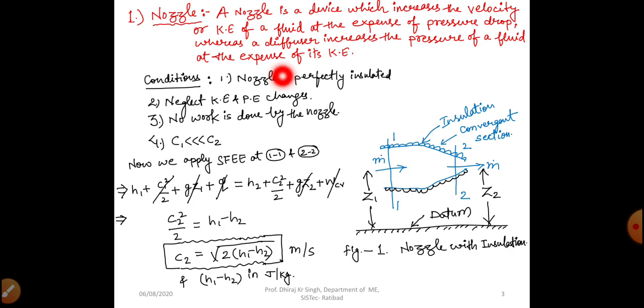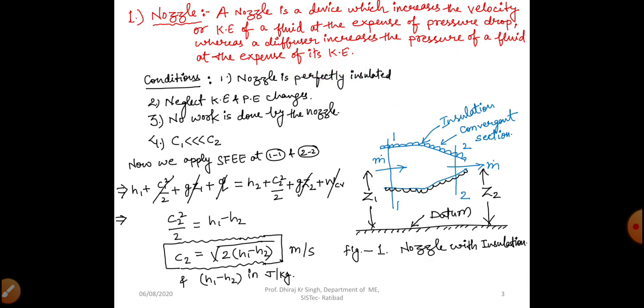Basically, a nozzle is a device which increases the velocity or kinetic energy of a fluid at the expense of pressure drop, whereas a diffuser increases the pressure of a fluid at the expense of its kinetic energy.